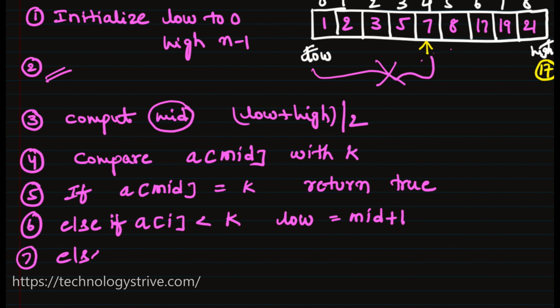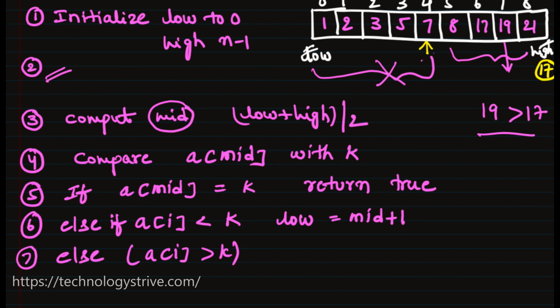So else A[mid] is greater than k, right? So in the second case, what we have done, we again computed mid, which we assumed like 19, right? So 19 is greater than 17. So this means that in the right part from mid to high, we won't get our target, means we have to reduce high to mid minus 1. So this is the case: high equals mid minus 1.